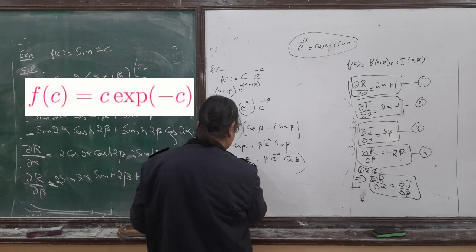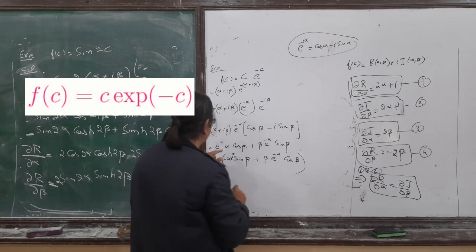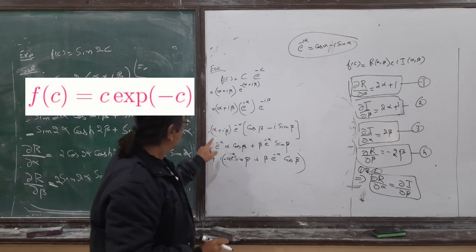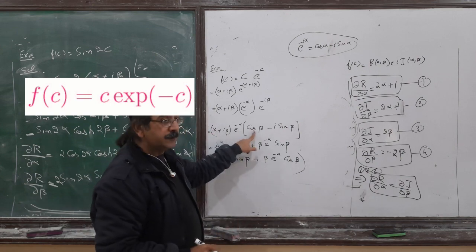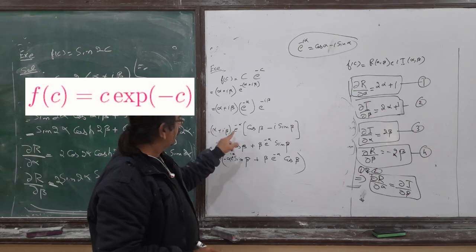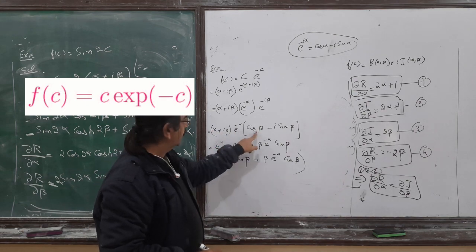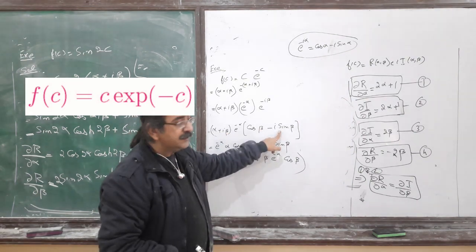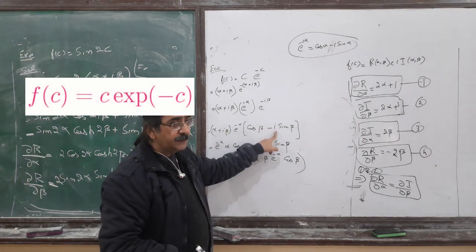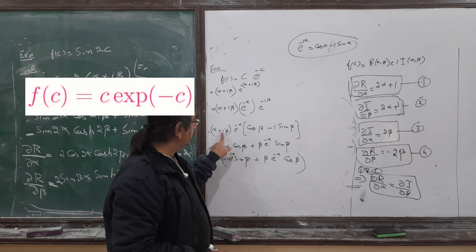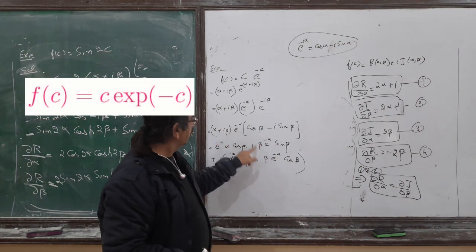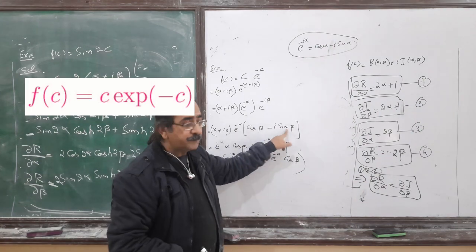When alpha is multiplied with e to the minus alpha cos beta, this is the real term. When i multiplies with this, it will be i squared, which is minus 1, so that becomes minus beta e to the minus alpha sin beta.